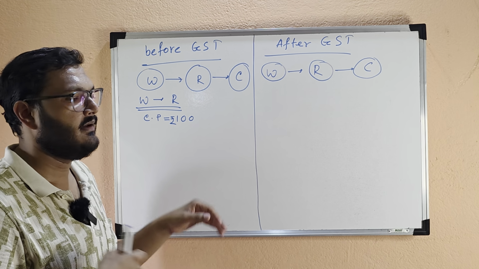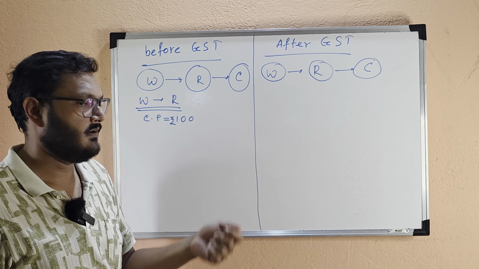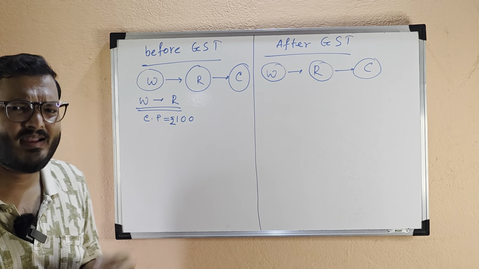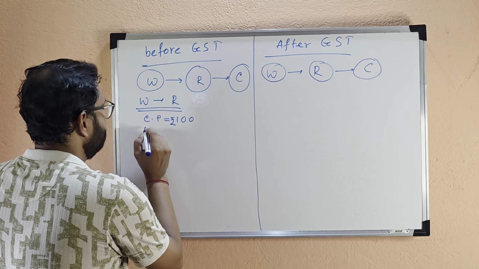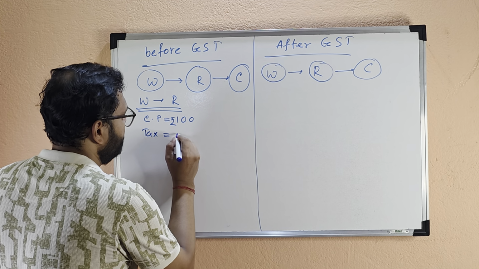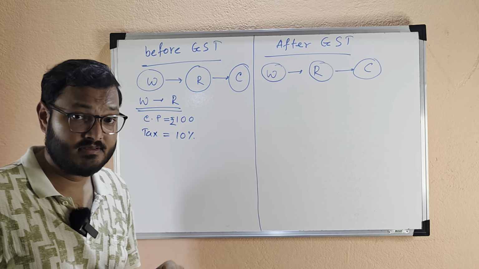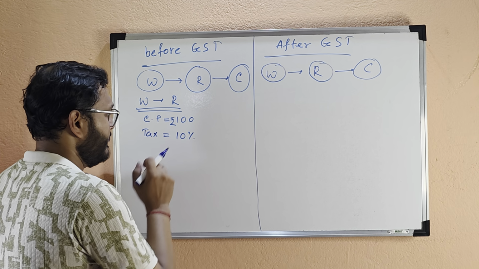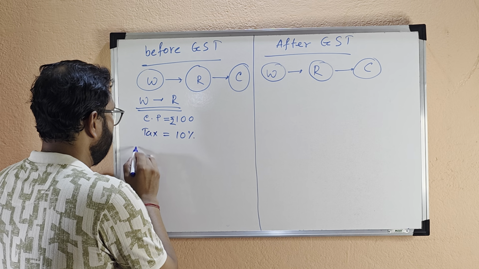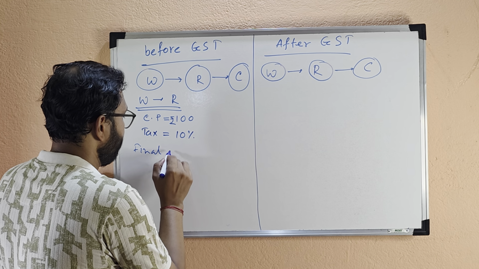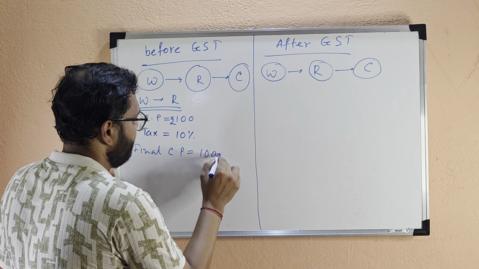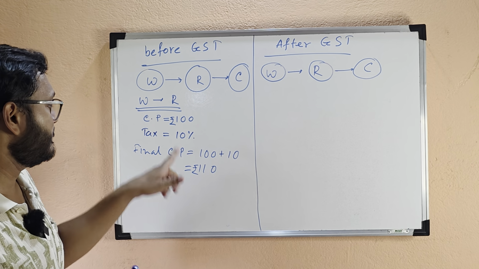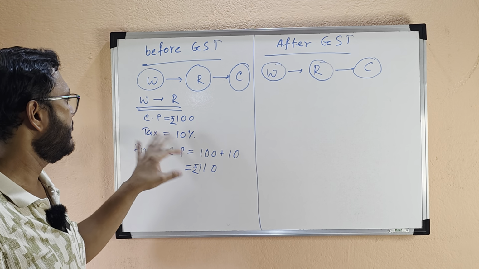Then the wholesaler said no, you have to pay the tax. That was value added tax, VAT, before. The retailer asked, tax how much? 10%. That means 10% of 100 rupees is only 10 rupees. So the final price is 110 rupees. He paid 100 rupees and 10 rupees tax.